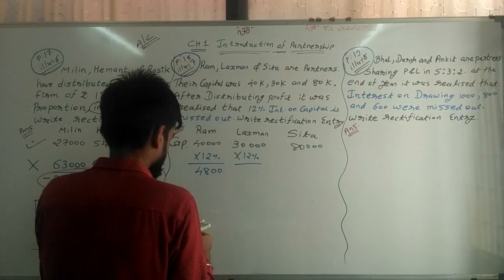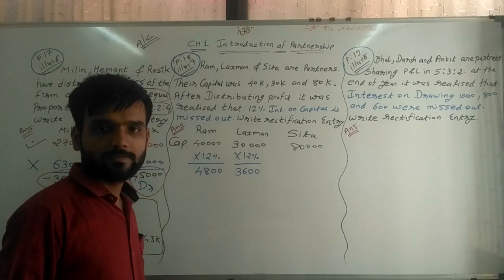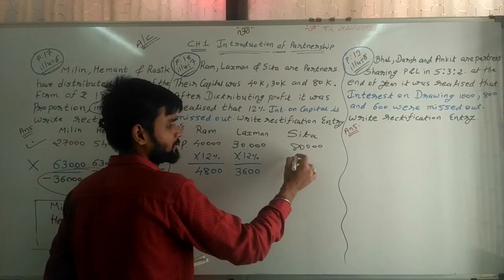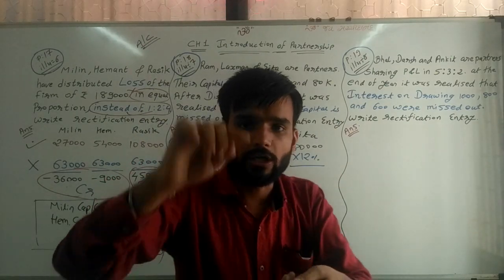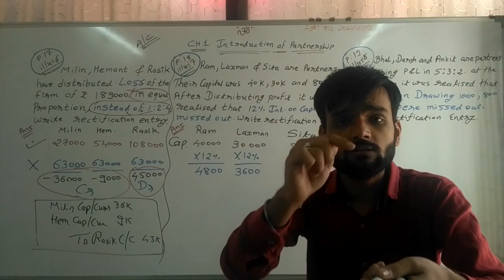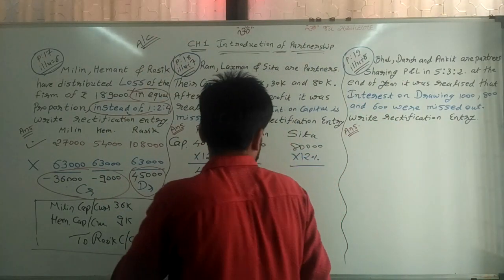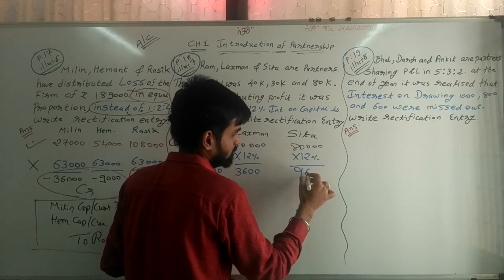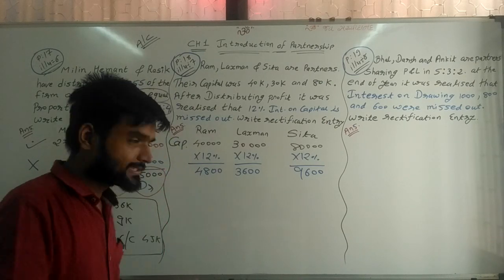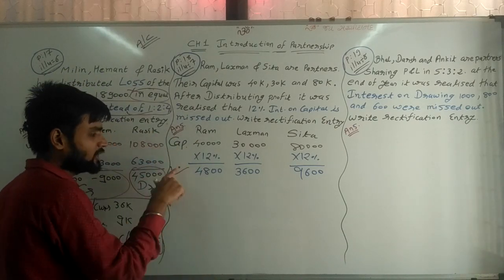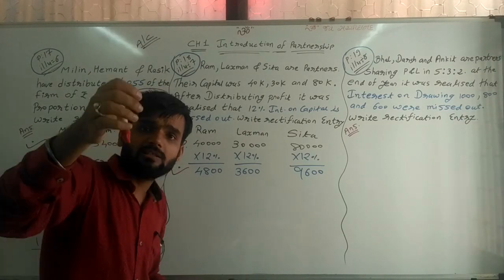You will get 3,600 rupees. And same way, 80,000 into 12%, then you will get 9,600 rupees.